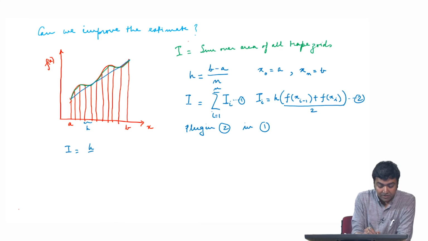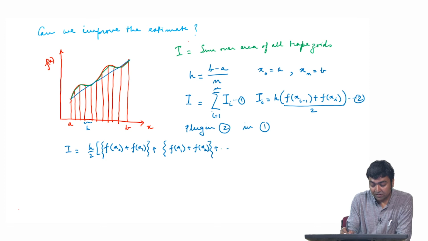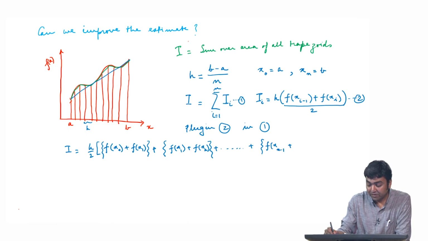I will get h by 2, then f x 0 plus f x 1, plus f x 1 plus f x 2, plus so on and so forth until we get f x n minus 1 plus f x n.